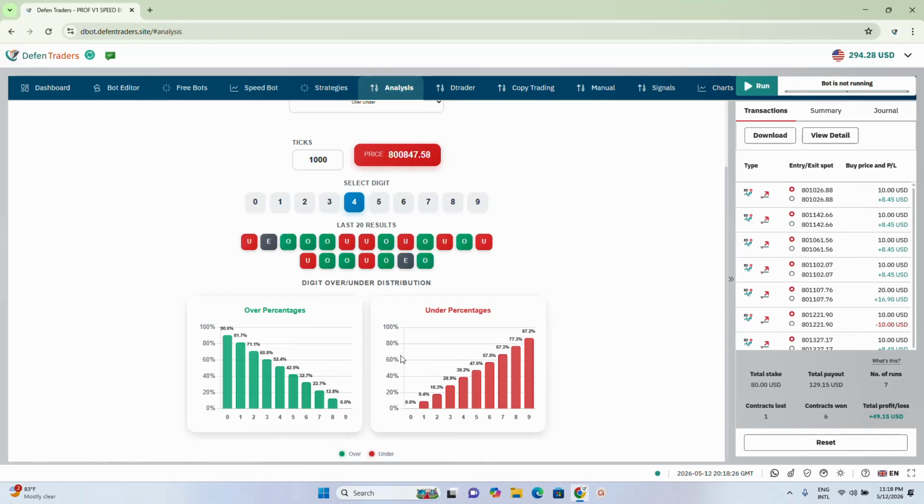Okay, so ukitaka kuangalia pia the number yenye imeguzwa na kasa, yeah, you have the price here, and you can always apply that strategy for all markets. Nilikupatia strategy over 3. I've done over 4, I'll be doing over 2, I'll do over 5, then I'll do over 6, nitaenda kwa over 7, I'll do the unders, and then I will be at a better place to trade.